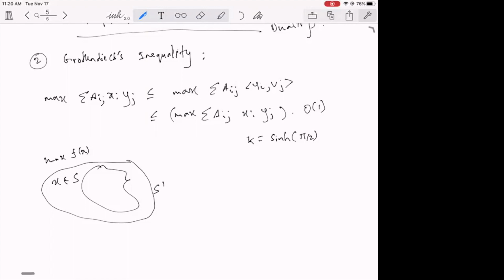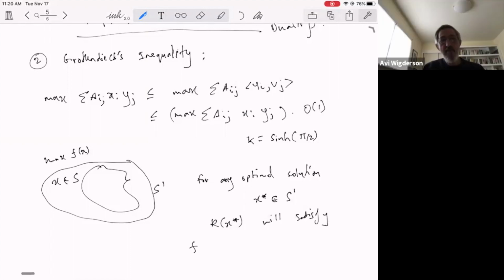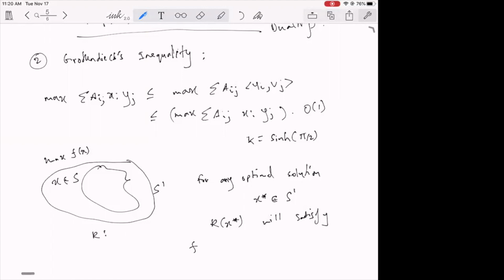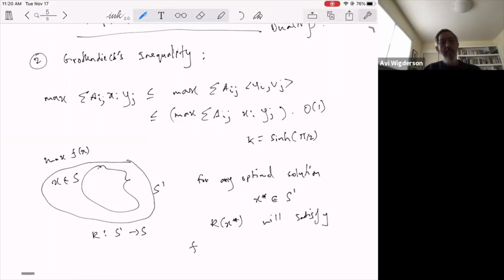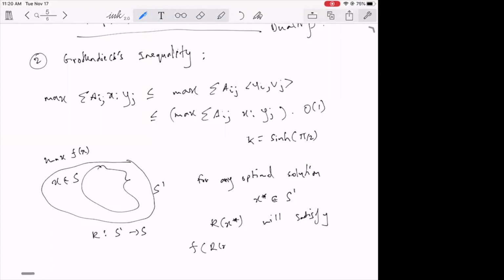That is, for any optimal solution x star in S prime, the rounding map R of x star will satisfy, where R is a map from S prime to S, f of R of x star is at least f of x star divided by, say, some constant c.